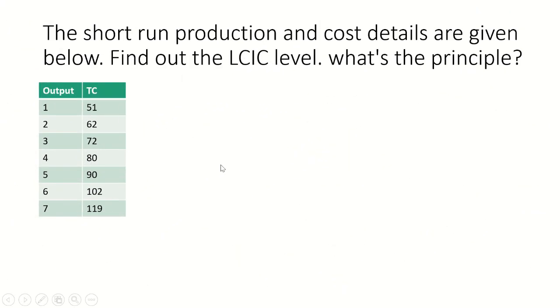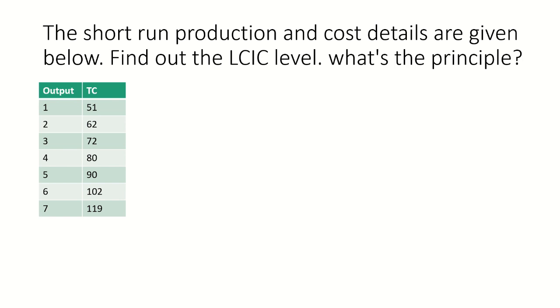Here is a problem given in your text, page number 125. Actually, we want to find out the least cost input combination level, and in the question we can see two columns, that is the output and the total cost. From this we want to find out the LCIC level, or least cost input combination level.